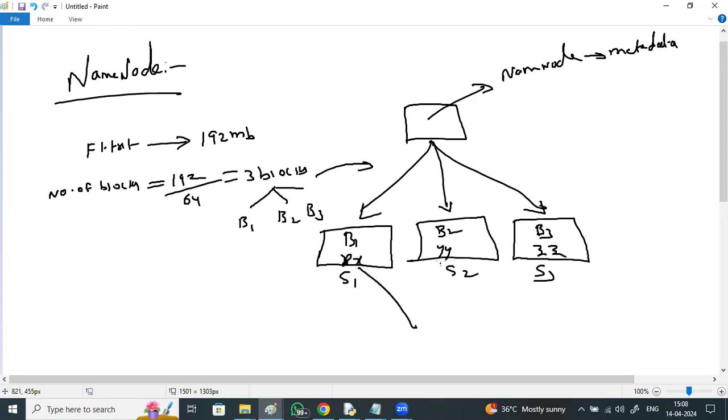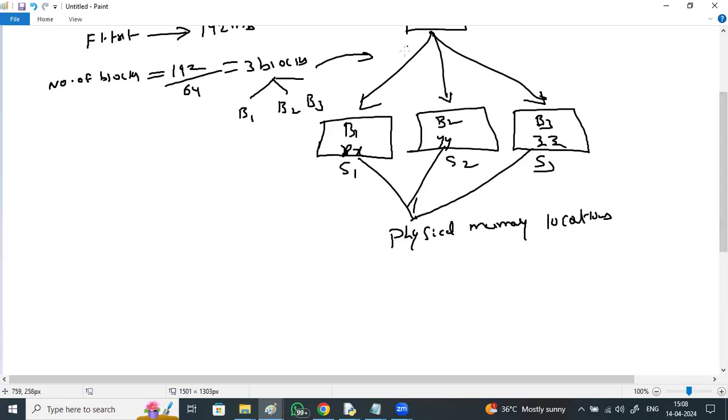These are physical memory locations. B1 is stored at one memory address, B2 at another memory address YY.